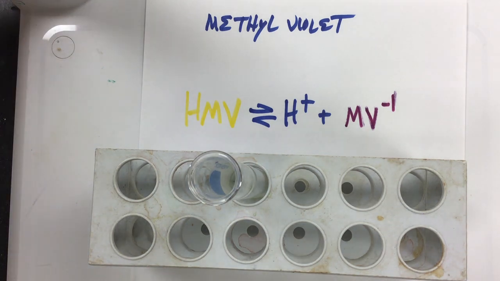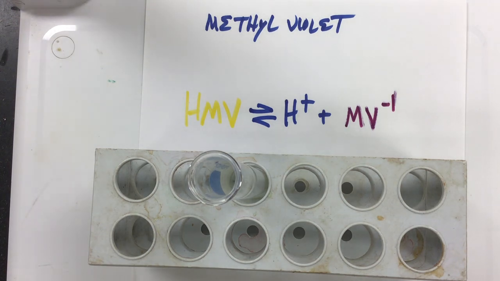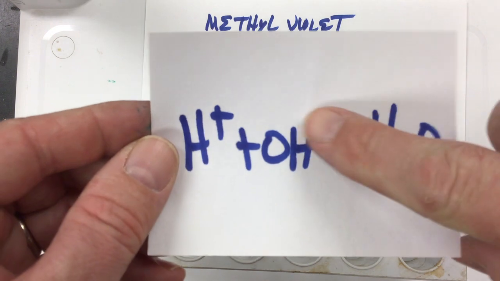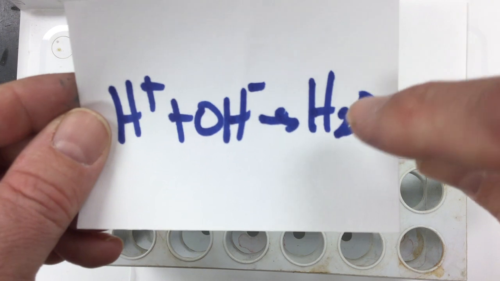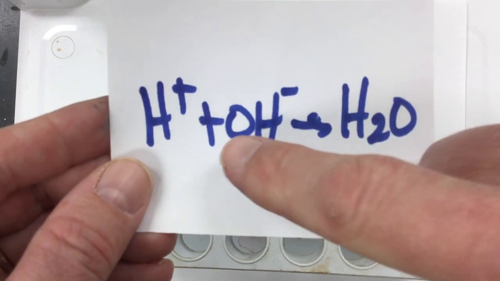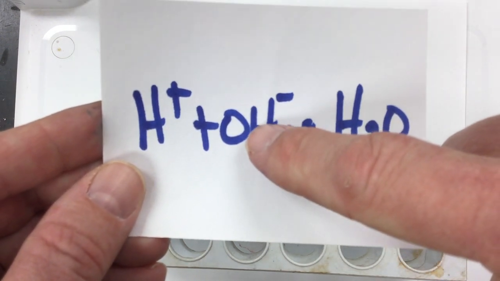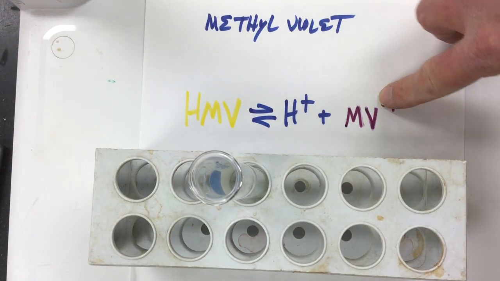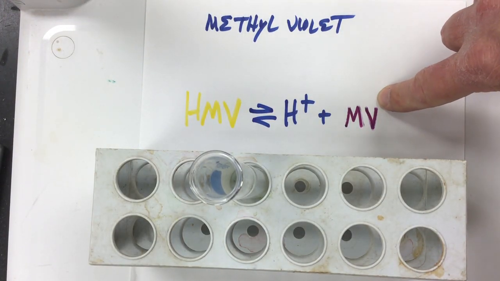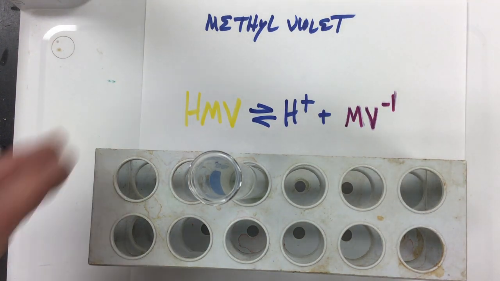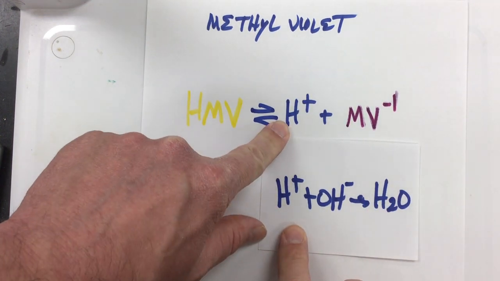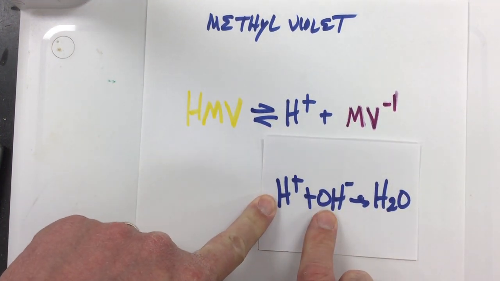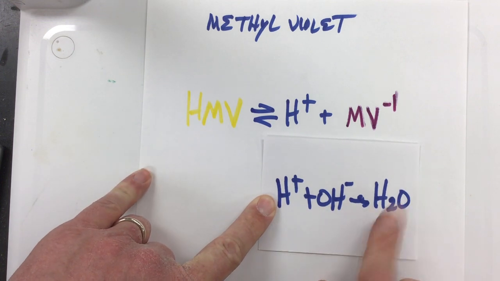But remember, OH and H positive are our acid and base. Every time OH is present with H positive, they react 100% of the way to create H2O. So by adding in OH negative, even though it's not in this formula, what I'm really doing is taking the H positive that is there and reacting it with the OH negative in a side reaction to create H2O.